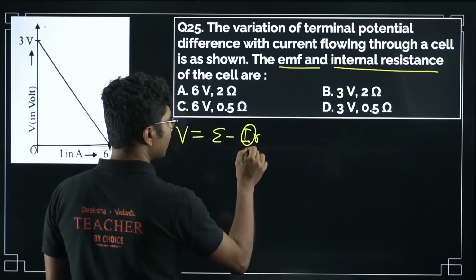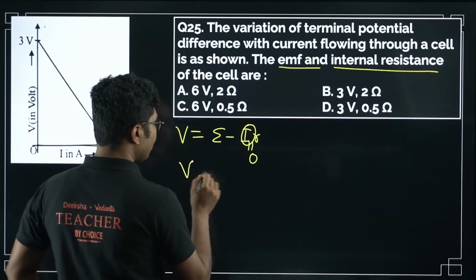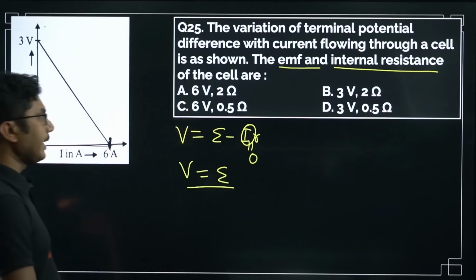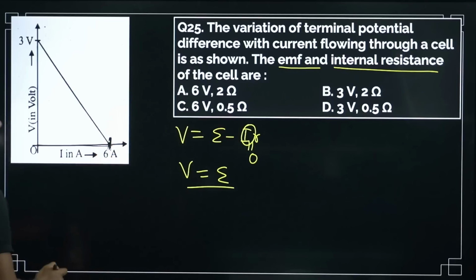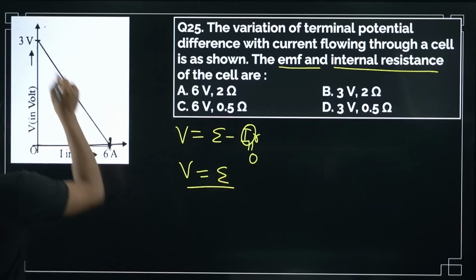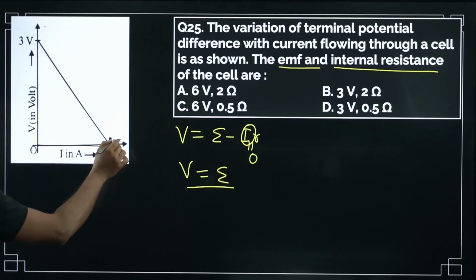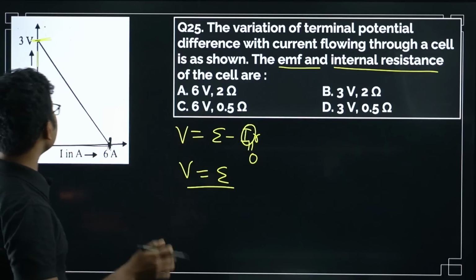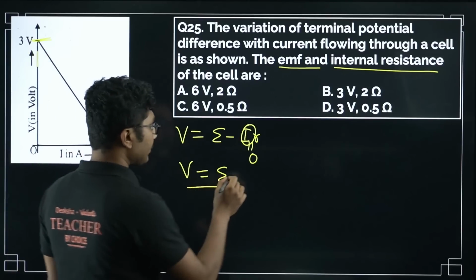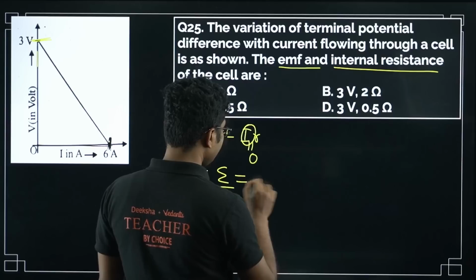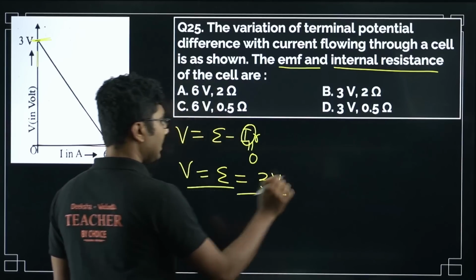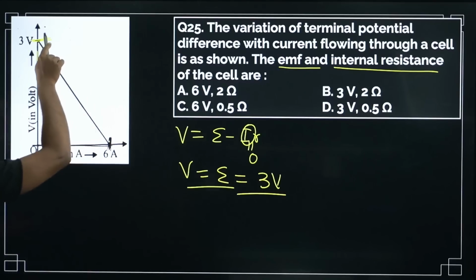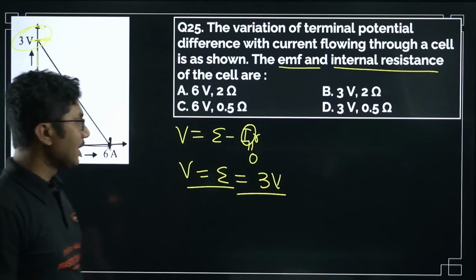Now if I equals 0, then V should equal epsilon, right? So this is the point where I is 0. That means the terminal potential is 3 volt. That is the EMF of the circuit. So EMF is 3 volt.